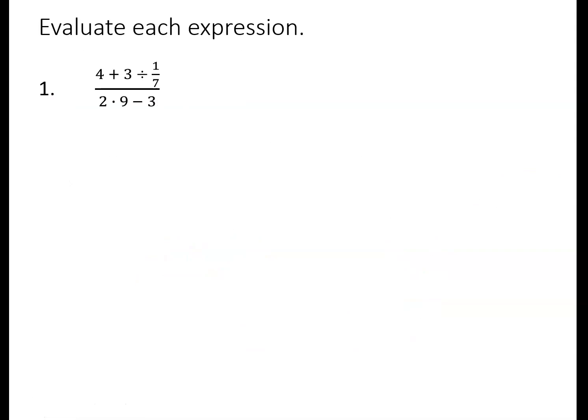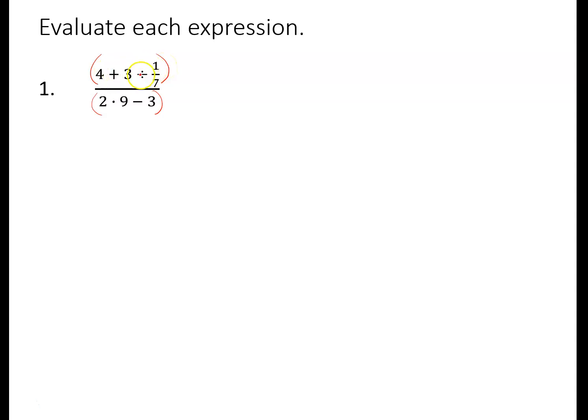Also, you need to remember with order of operations, when there's a big fraction bar like there is in this problem, then you treat the numerator as if it's in parentheses and the denominator as if it's in parentheses. So you're going to do all of that stuff on top. You're going to do all of that stuff on bottom, and then the very last step will be to divide using that fraction bar.